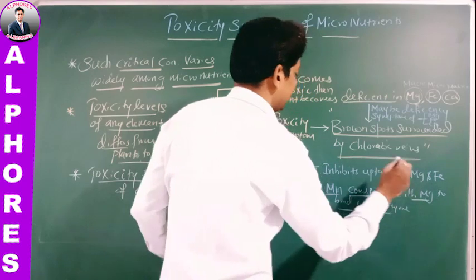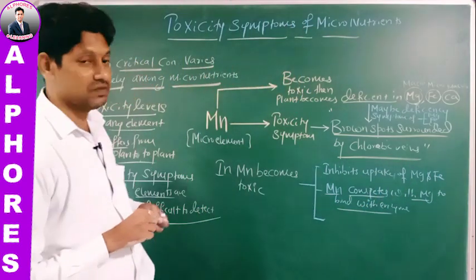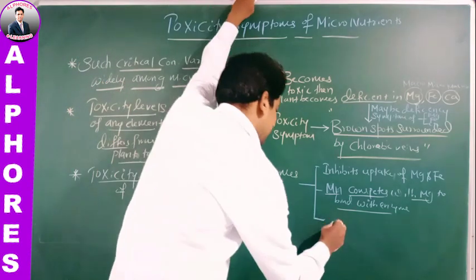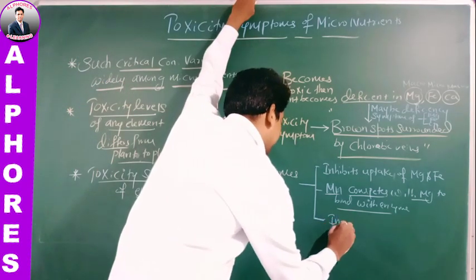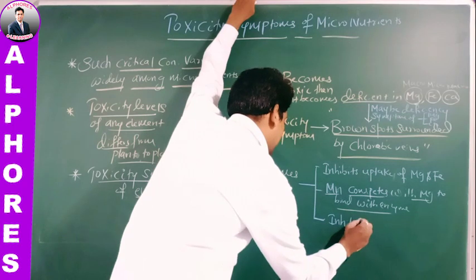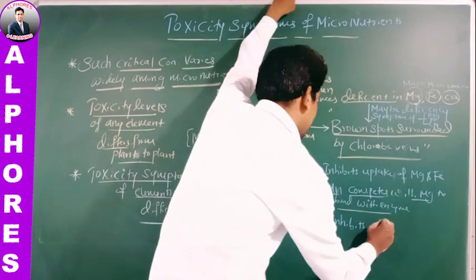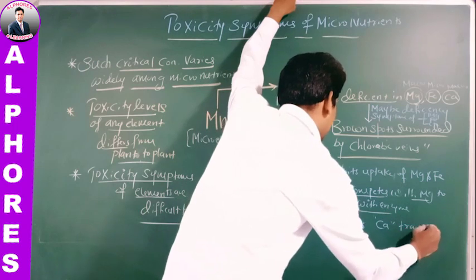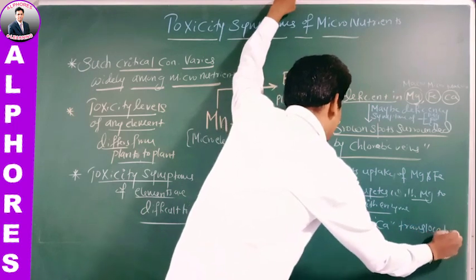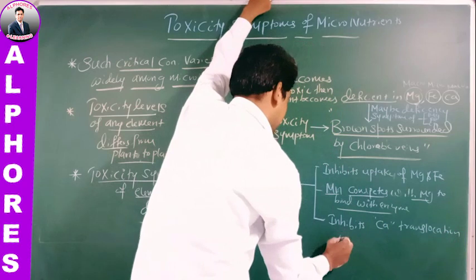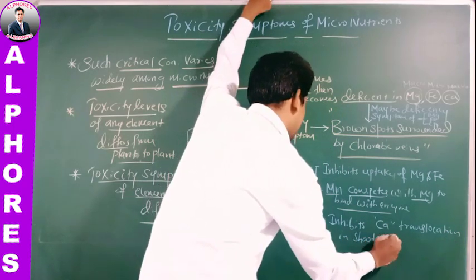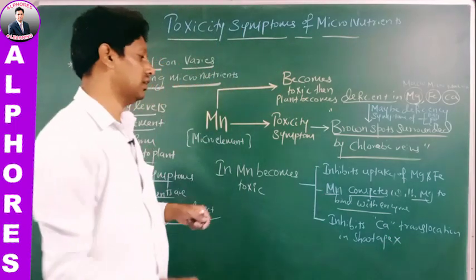Magnesium, to bind with the enzyme. Sir, this manganese even inhibits calcium translocation in the shoot apex.